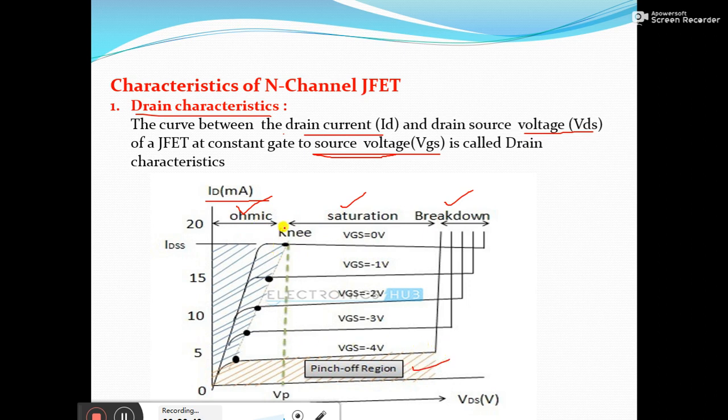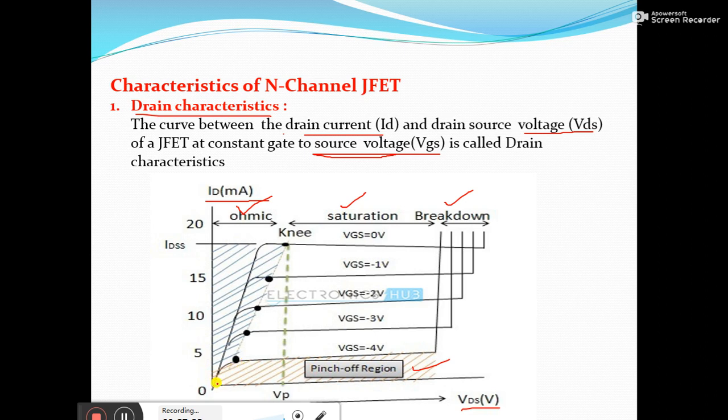So let's see the ohmic region. Initially, whenever the VDS value is less than VP, or whenever VDS increases from 0 volt, the channel won't be closed. This means whenever VDS increases, the corresponding ID value also increases. As VDS is increased, ID also increases, meaning it behaves like a resistor which obeys Ohm's law.